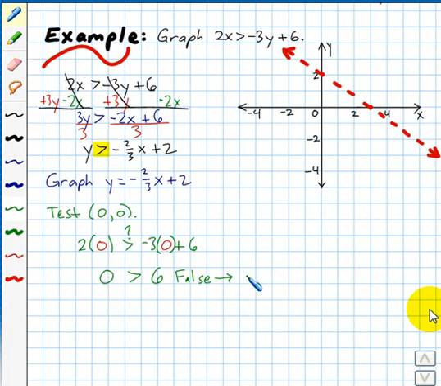So therefore, the ordered pair that we tested, 0, 0, is not a solution of the inequality 2x is greater than negative 3y plus 6.